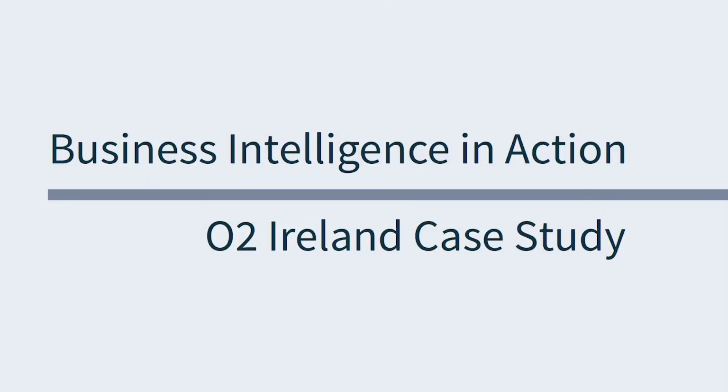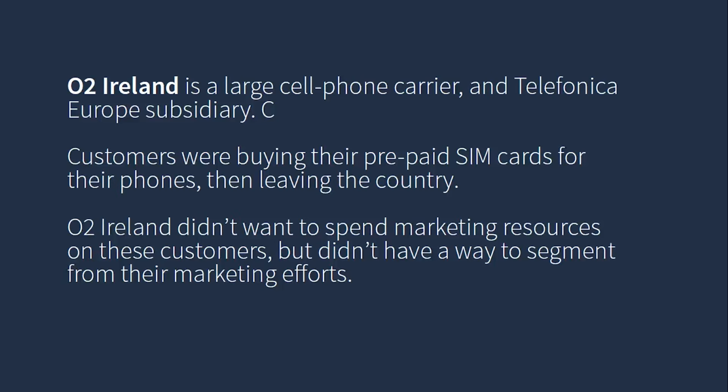Now, let's look at an example of business intelligence in action: O2 Ireland, which is a large cell phone carrier and a Telefonica Europe subsidiary. What was happening with O2 Ireland was that they noticed a lot of their customers were buying prepaid SIM cards for their mobile phones and then leaving Ireland a few days later and never purchasing from them again.